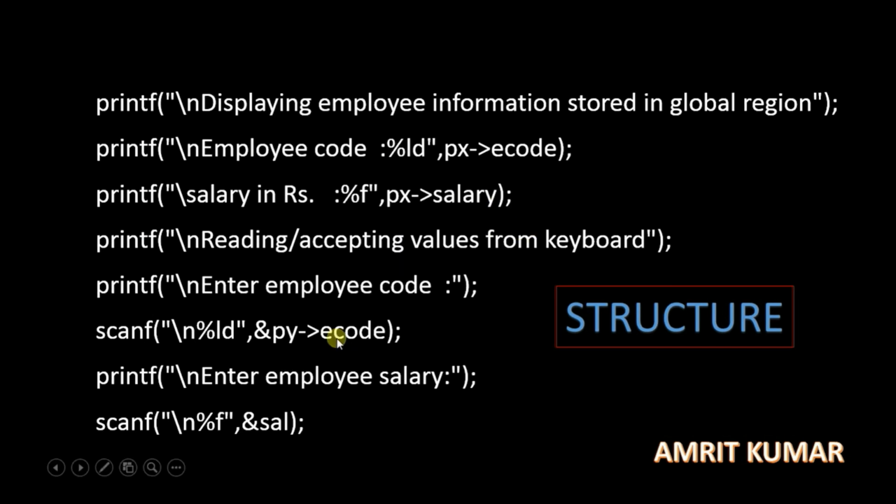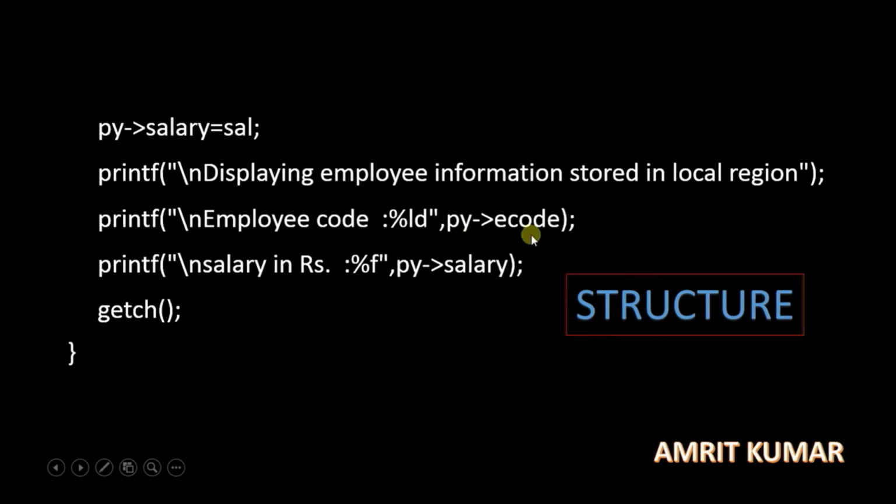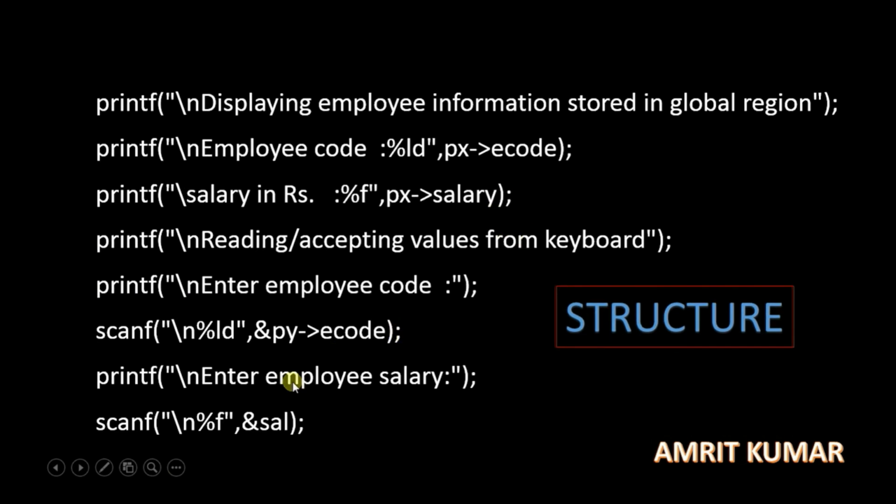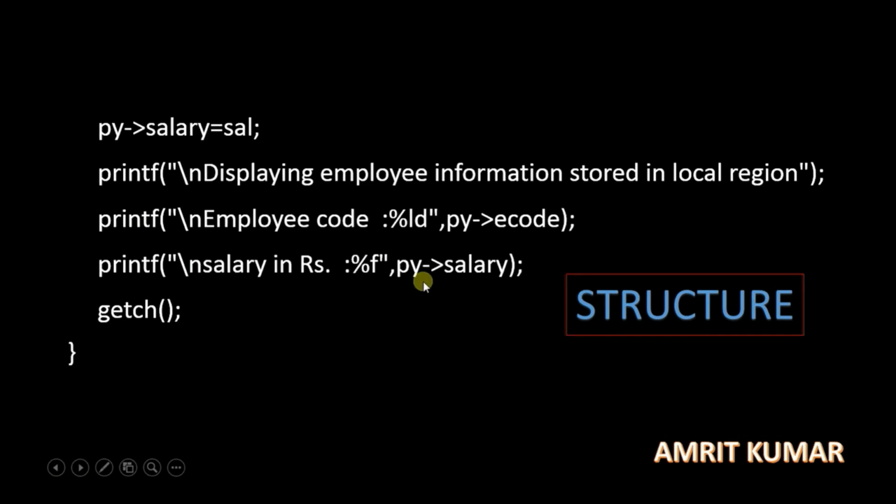You can see here the number is given by the user, and that number I am assigning in py and then displaying here with the help of printf. So we can say this is the concept of a pointer in a structure. So we can use a pointer in a structure also.